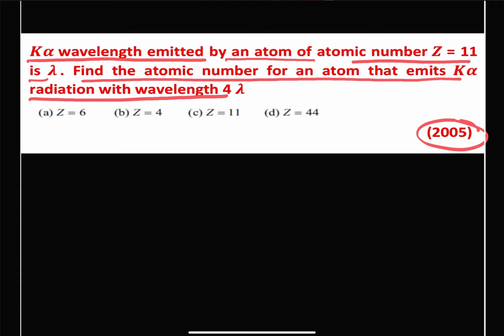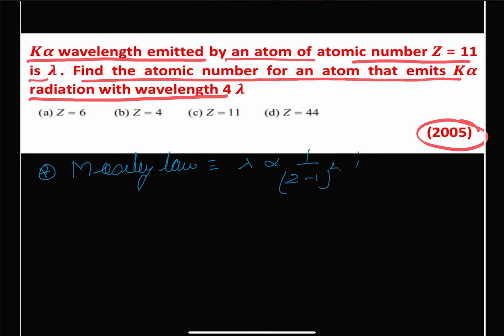So in Moseley's law, we can write that wavelength lambda is proportional to 1 upon Z minus 1 whole square, and this is an approximation especially for our K alpha line.